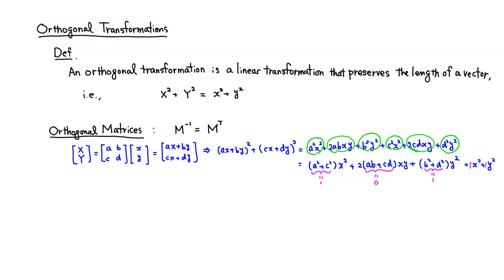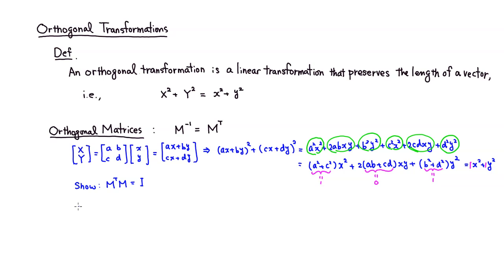All right, then, to show that M inverse is equal to M transpose, let's try to show that if you multiply M transpose and M together, you're going to get the identity matrix.